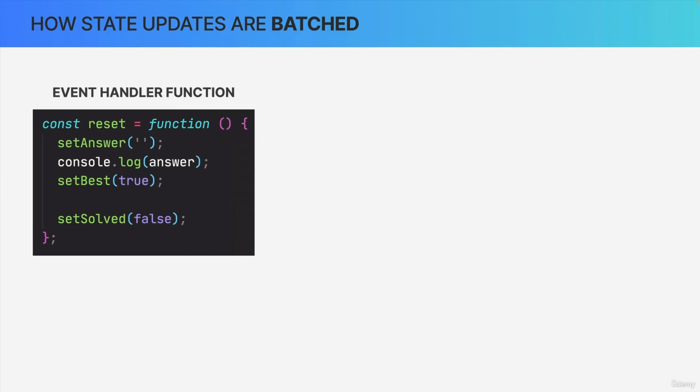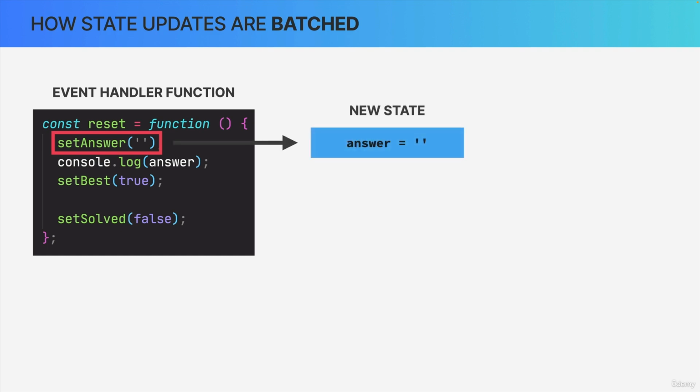Now, what I want to do here is to analyze how these 3 pieces of state are actually updated behind the scenes. So we might think that as React sees the setAnswer function call, it would update the state to the empty string as requested, and then trigger a re-render and the commit phase.